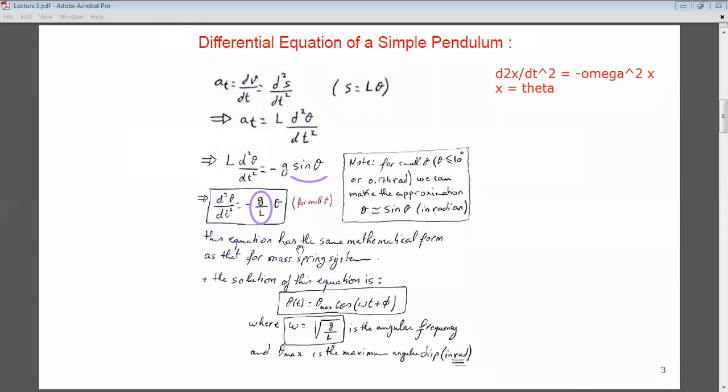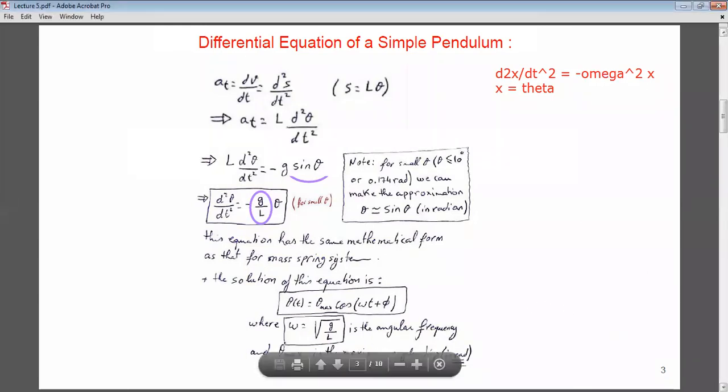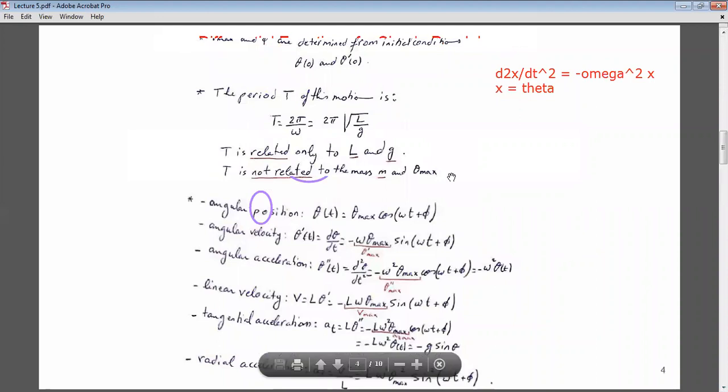Now, if we have the angular displacement equation at any time, then we can determine theta maximum and phi from the initial conditions, just as in the case of the mass spring system. We said that we get A and phi.